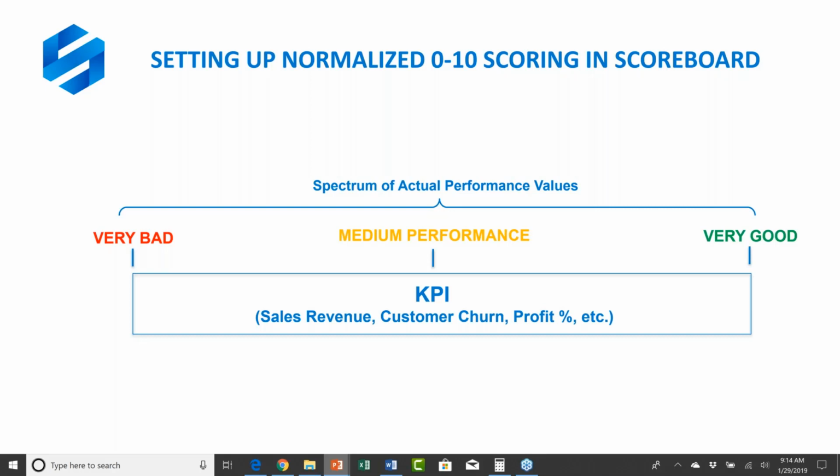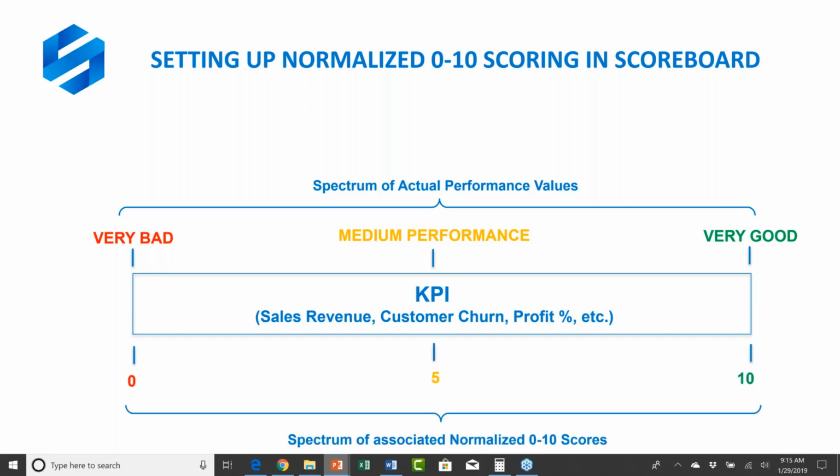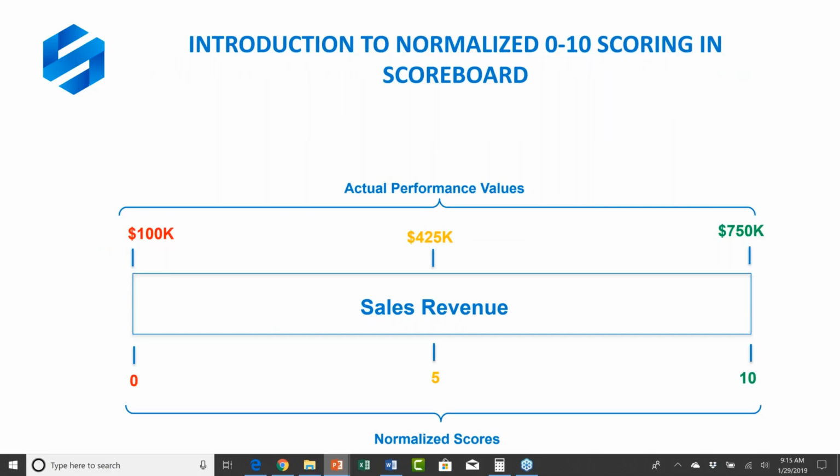We at Spider Strategies can't dictate what actual performance values for you are very bad, what are very good. You know your business, you know your KPIs. So you identify in advance those different performance levels, and then you use the scoring system in Scoreboard to assign or translate those actual performance values to a normalized 0 to 10 score. Okay? Some examples of that might be sales revenue.